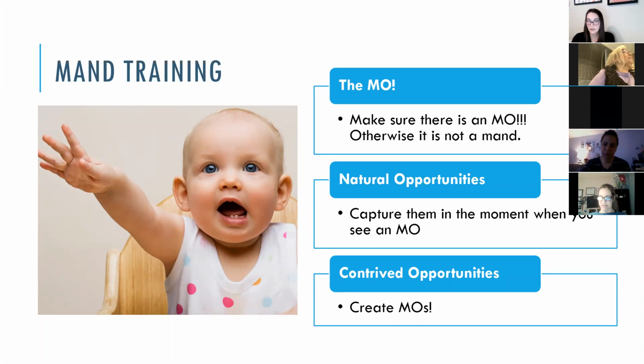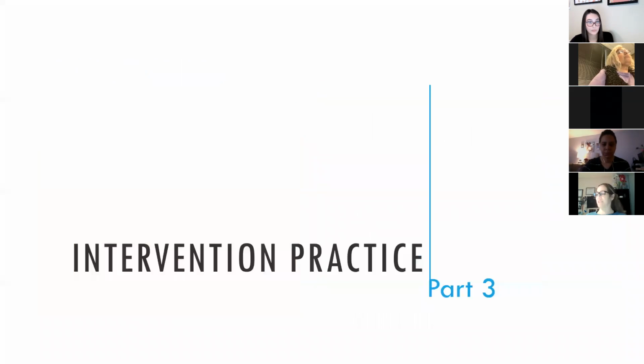Or it's a client who is not using vocalizations but is instead using PECS or some other AAC device. Or they're in earlier stages and they're just working on pointing to ask for something. So those are the two different ways that you can use MOs to teach mands.